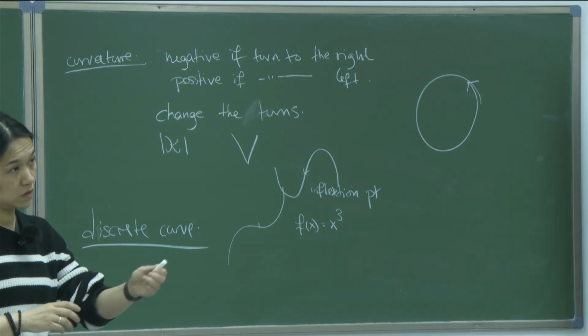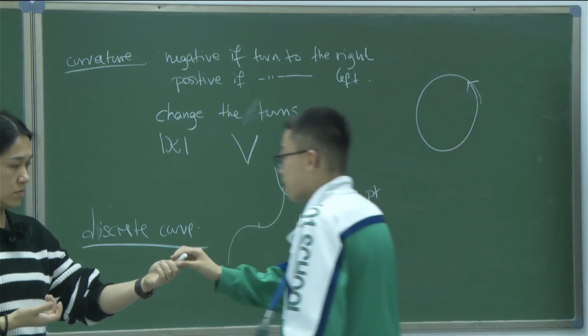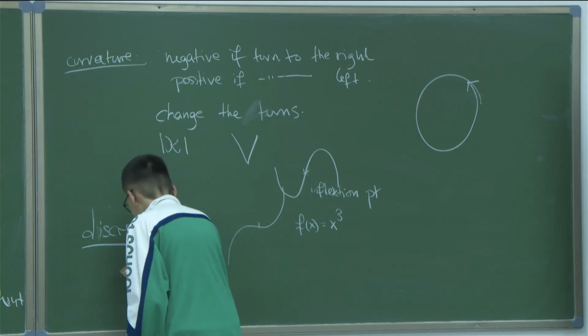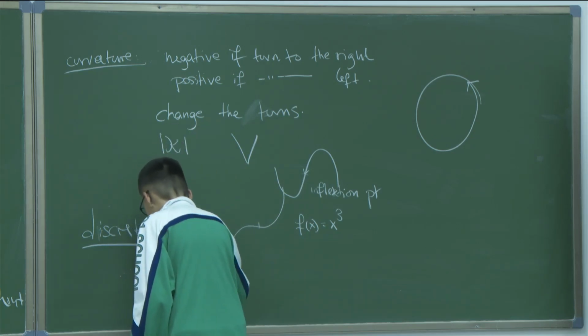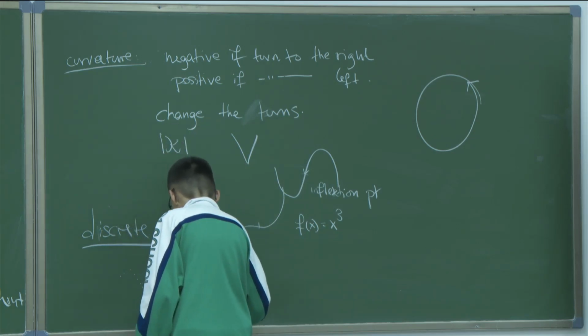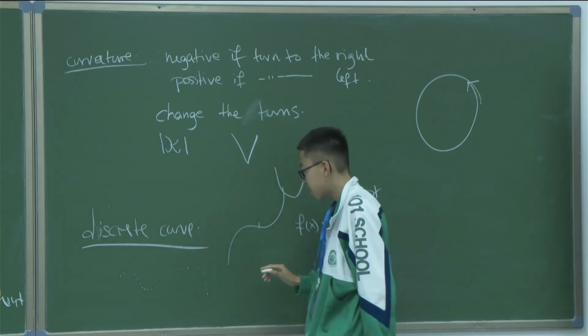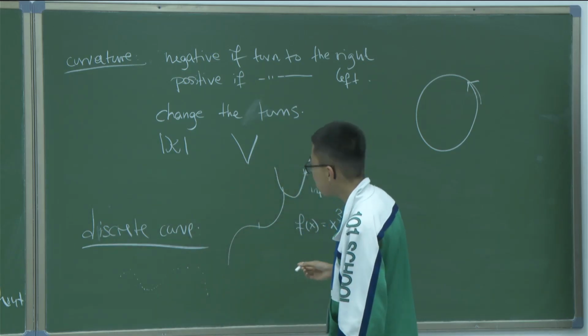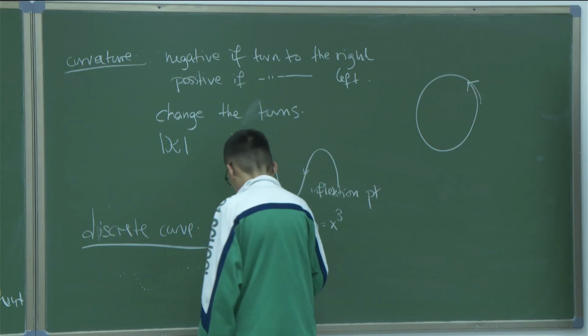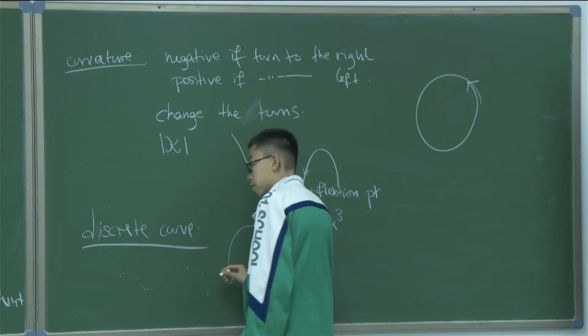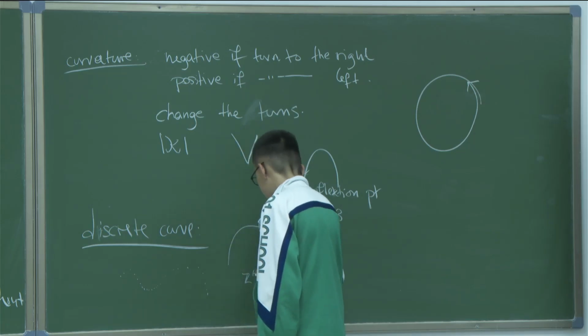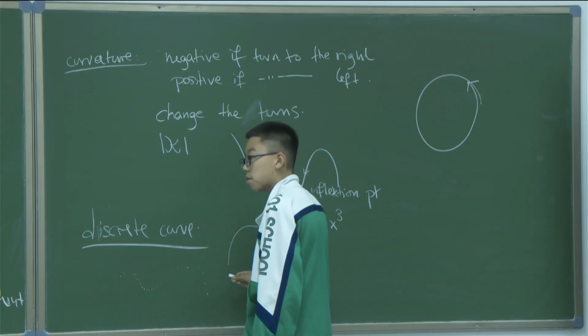The discrete points. Yes, and then? This is a map from, for example, Z plus to R2.